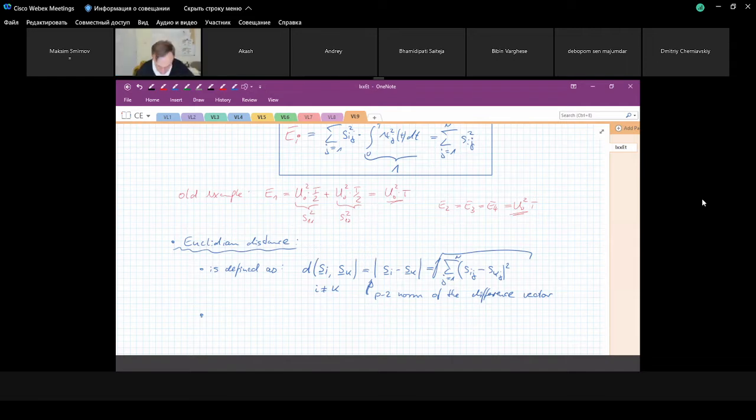So with respect to modulation schemes, not to coding schemes, we are mainly interested in the minimum distance, the minimum Euclidean distance.